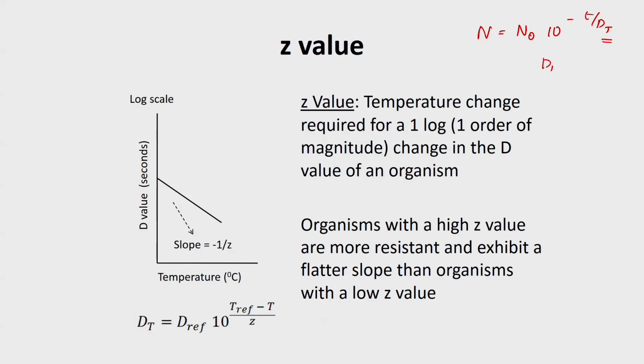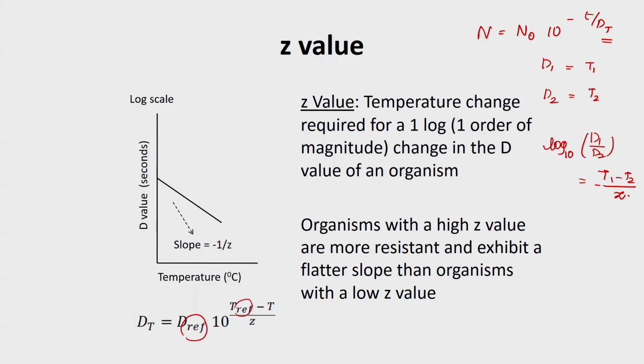For example, if I get D1 at particular temperature T1, and D2 at particular temperature T2, here I have put T1 as a reference temperature and T2 as normal T, right. So, I would be having log 10 of D1 upon D2 is nothing but T1 minus T2 upon Z, right. This Z value is nothing but a slope, minus 1 upon Z.